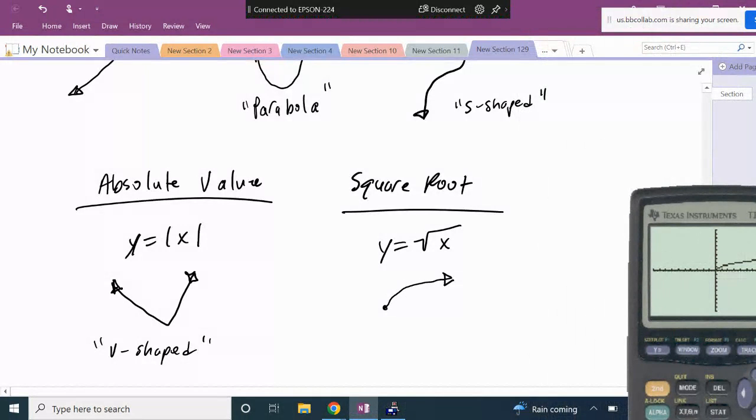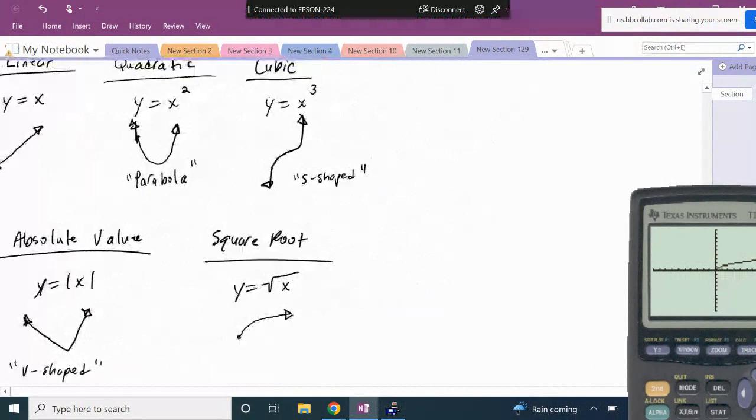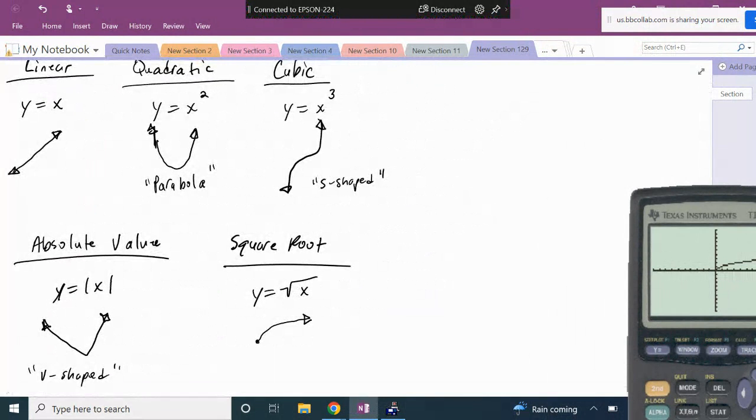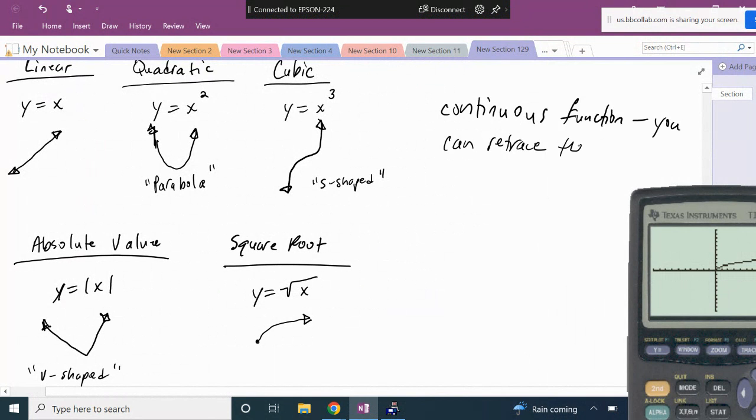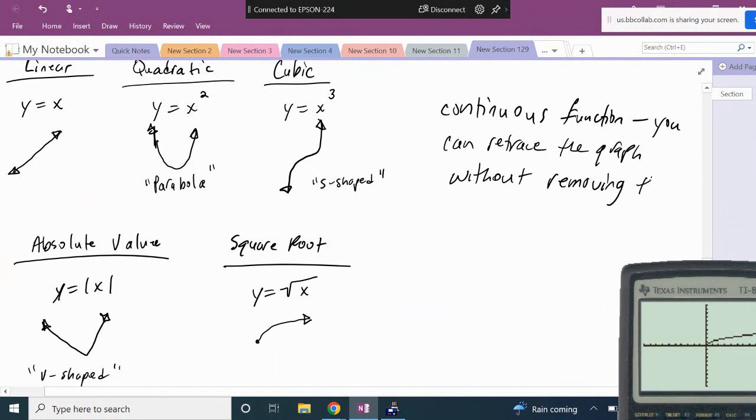A continuous function is a function such that you can retrace the graph without removing the pencil from the paper.